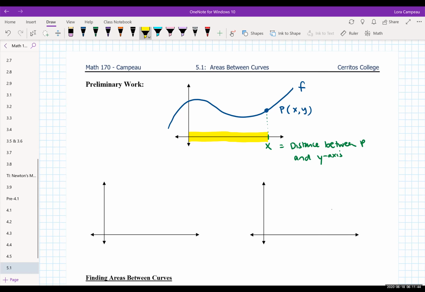Now, similarly, if you want to look at the y value on this point, y, as you know, is the distance between P and the x-axis.